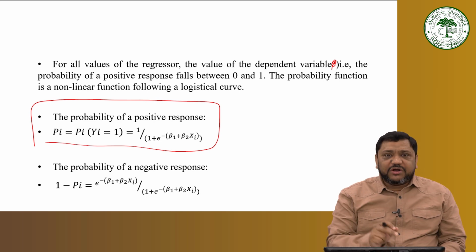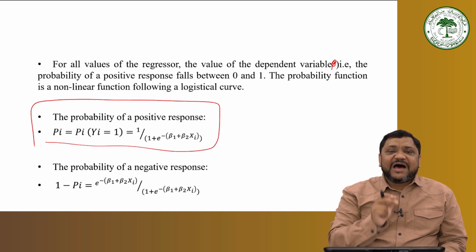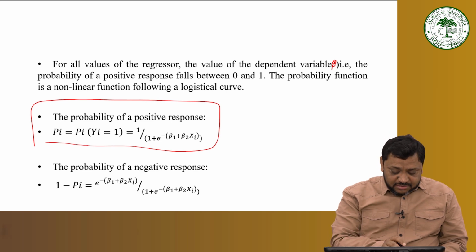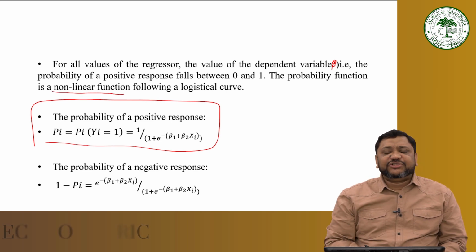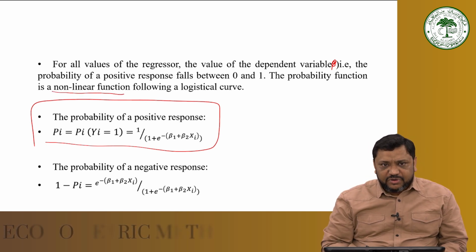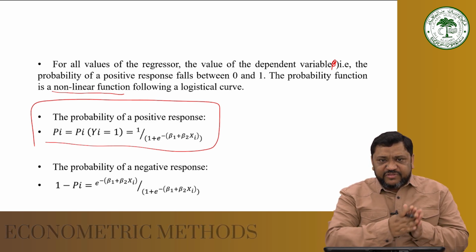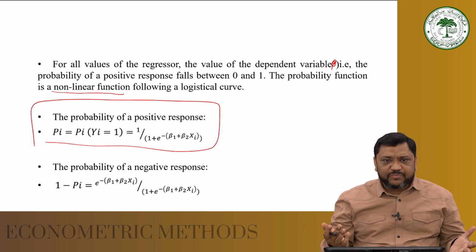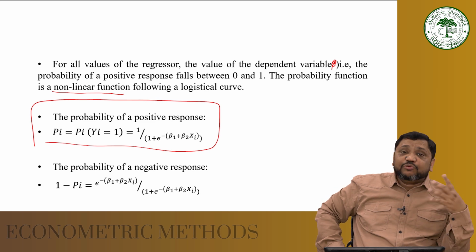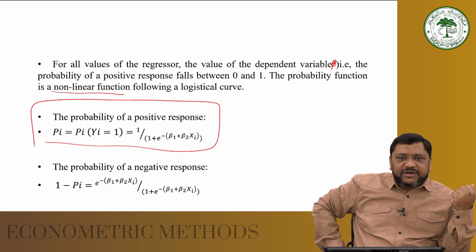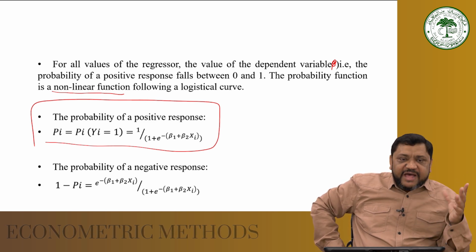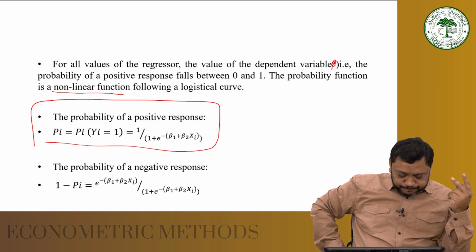So with this model formulation, we are taking a non-linear function into consideration. No longer is the slope of the entire function the same, as we assumed in the linear probability model. Now the slope varies.